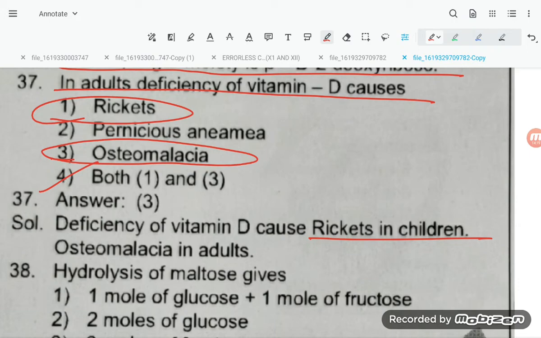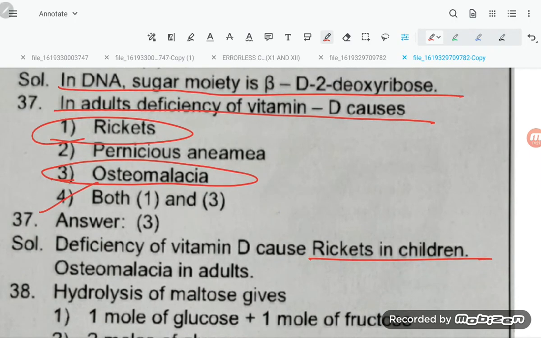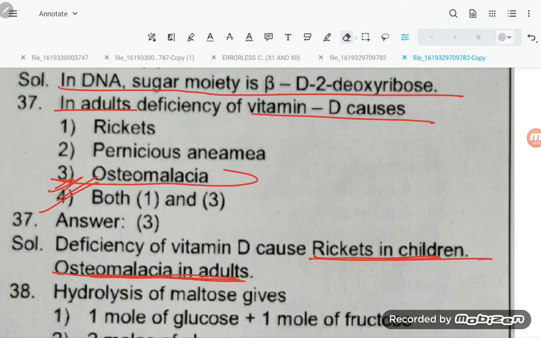In adults, deficiency causes osteomalacia, and in children it is rickets. They are asking about adults, so in adults that will be osteomalacia. So which option is correct, students? Option number 3 is correct.